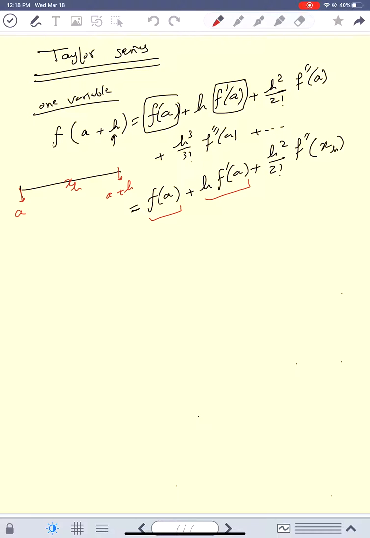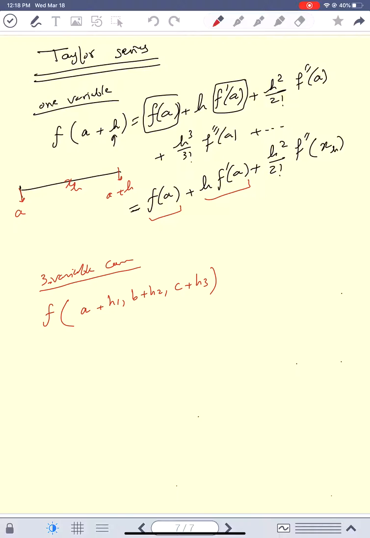Now, if we look at the 3 variable case, so I have a function of 3 variables. So I have f of a plus h1, b plus h2, c plus h3. Okay, so now what is the point?